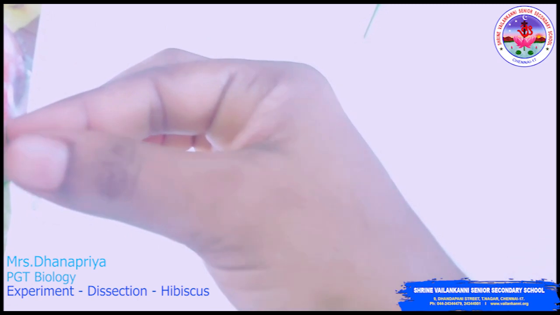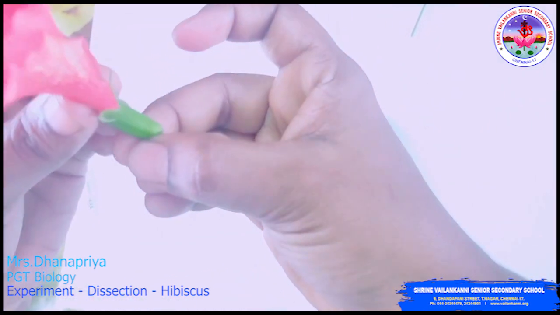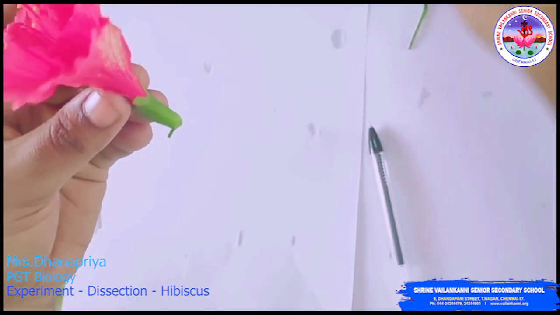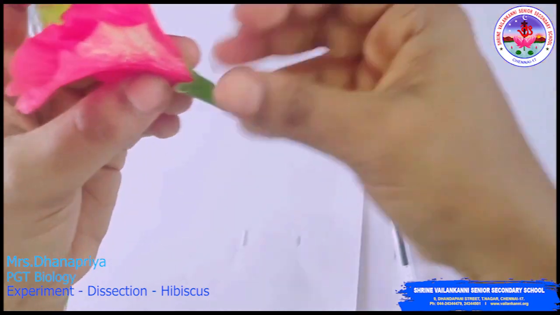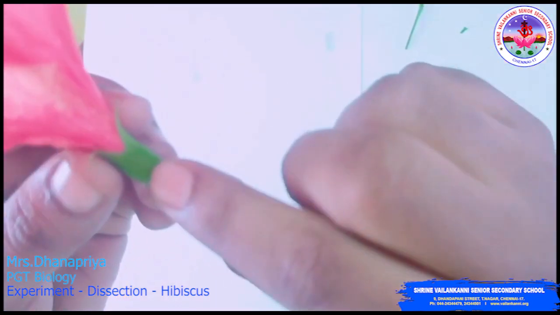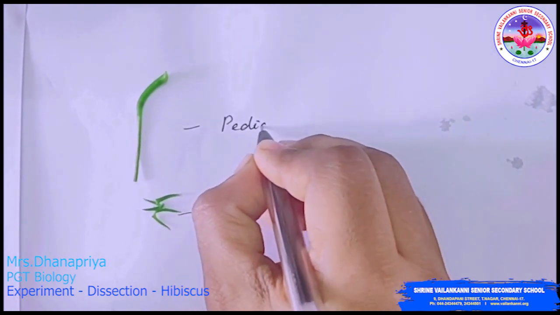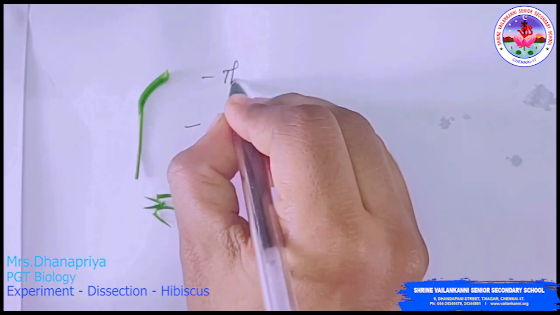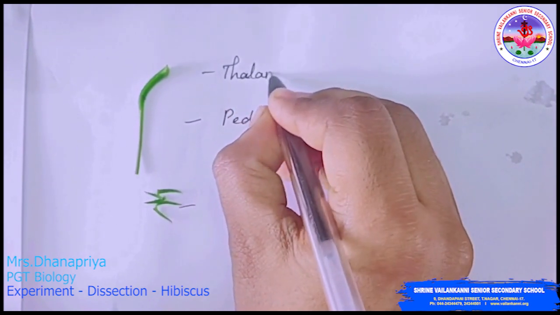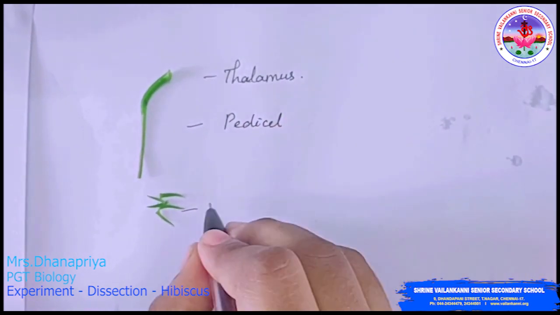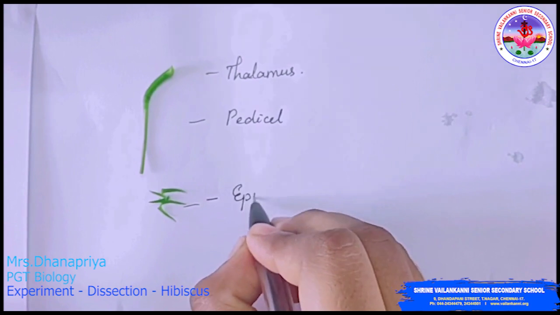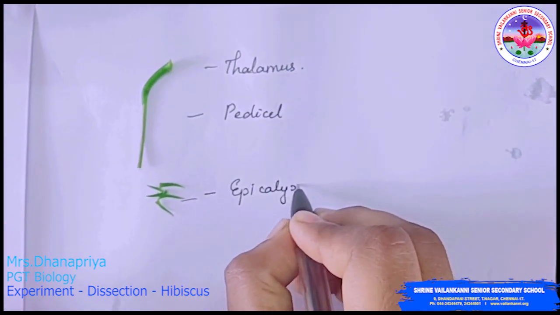I just remove this part. So this will be the pedicel, and above it is the thalamus. This is called the epicalyx.